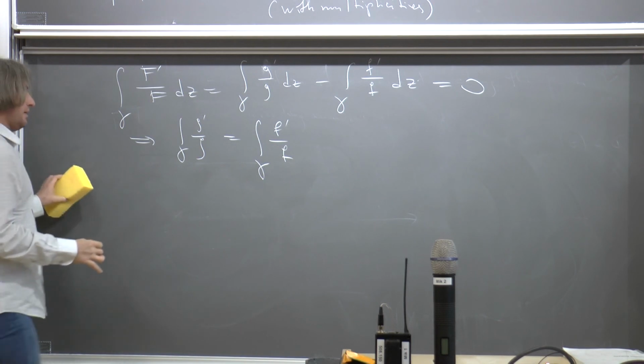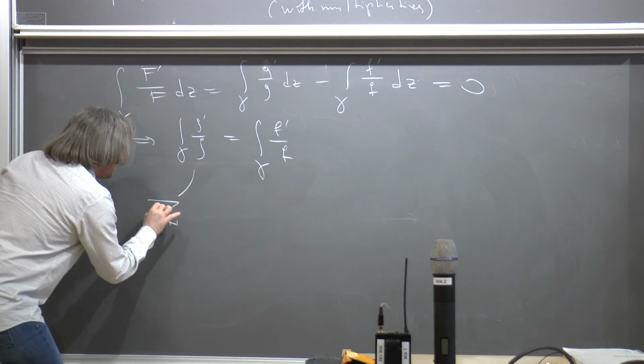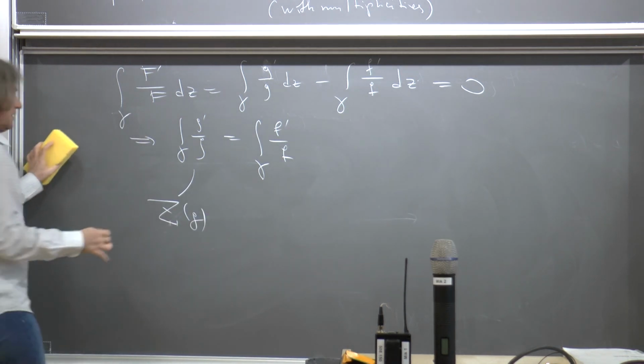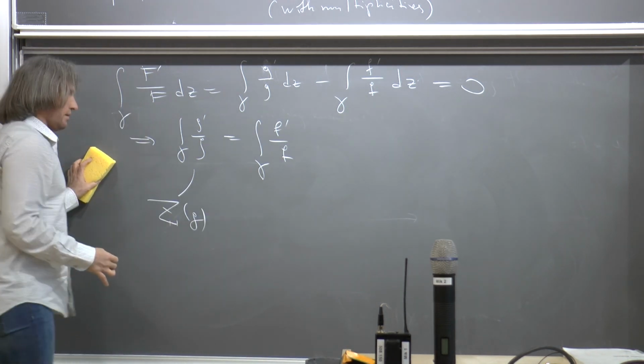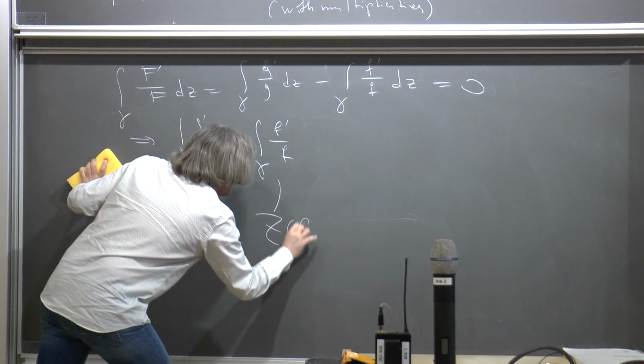But this is the number of zeros of g inside the closed curve, and this is the number of zeros of f.